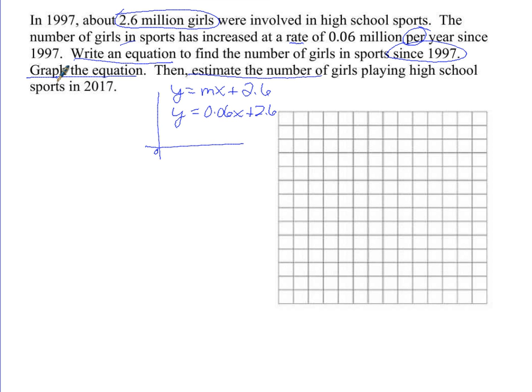Well, how are we going to graph this? Can we have negative girls? Can we have negative time? Okay. Origin down here. So let's put our axes here. That's always a good place to start. It kind of gets you going, and then maybe it'll help you think of other stuff. What has to happen next? Labels. So which one goes on the x-axis?